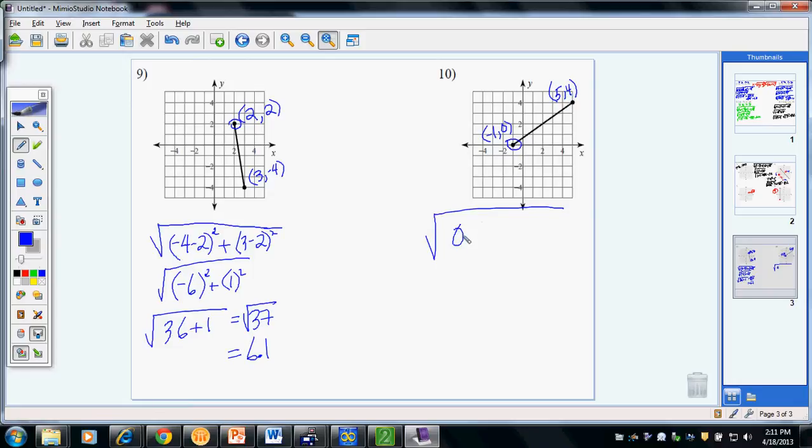So we have 0 minus 4, again showing we can do it any direction we want, plus x2 minus x1. We just have to make sure that we keep consistent, that if we start here with the y1 or y2, then we have to start here with the x2 as well.